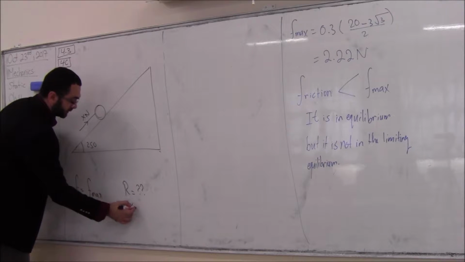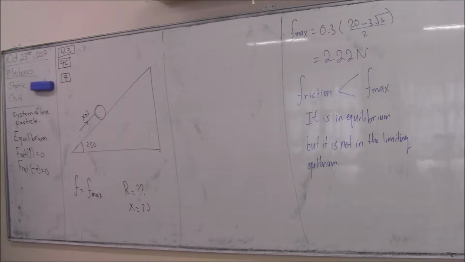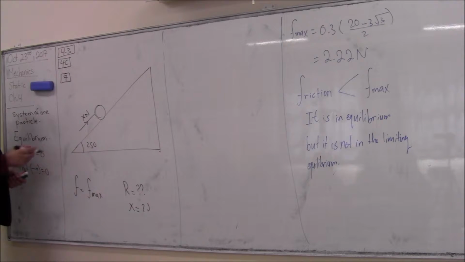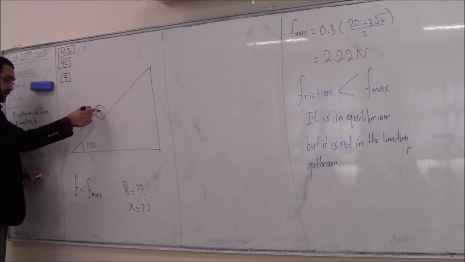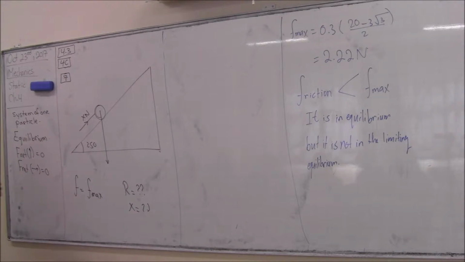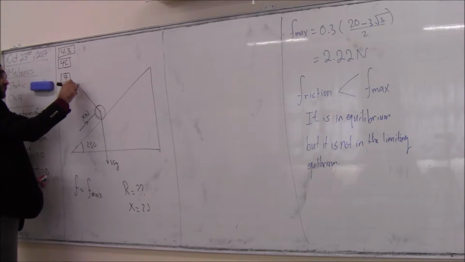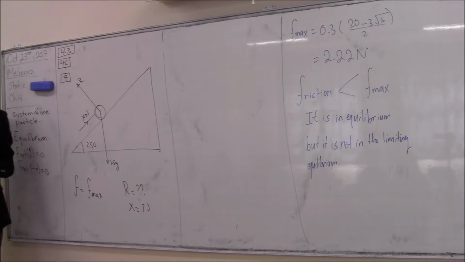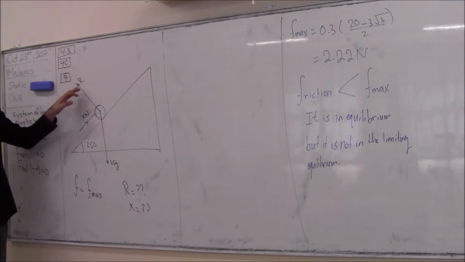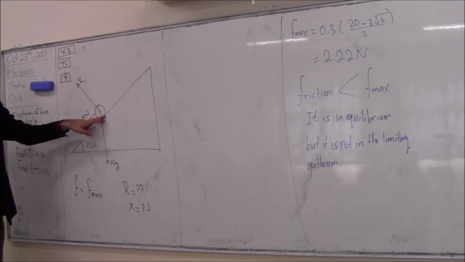Right? We need the value of X. Pay attention. Now, again, it's an inclined plane. What we have here: weight 1.5g. Normal force perpendicular to the inclined plane, to the plane.